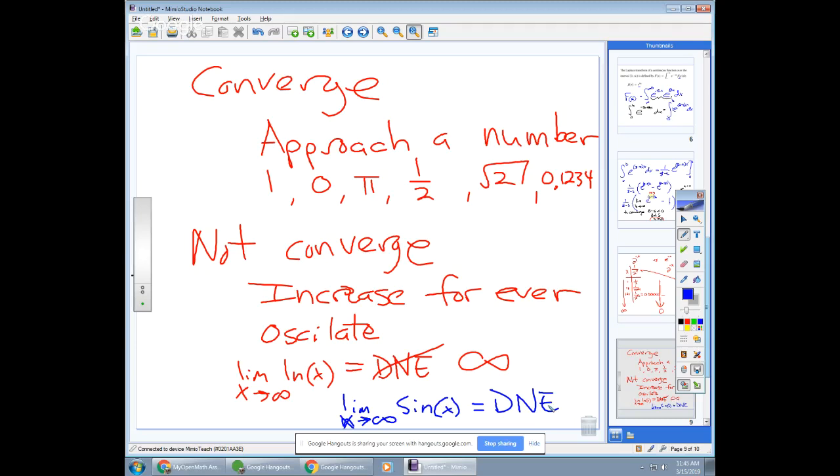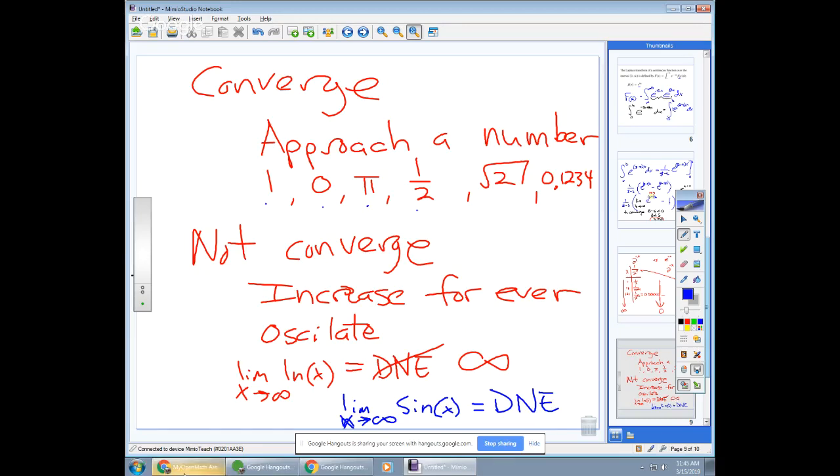So convergence means that as we look at a table of numbers, the answer is heading towards some real number. That real number could be 0. To diverge means it either grows forever to infinity, goes down to -infinity forever, or just never settles down, bouncing around. And that's what it means to diverge.